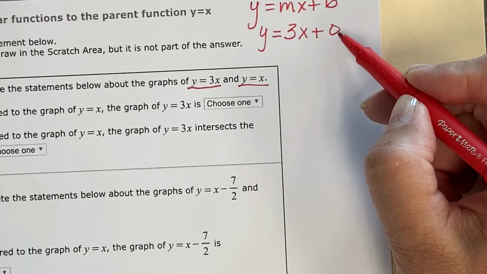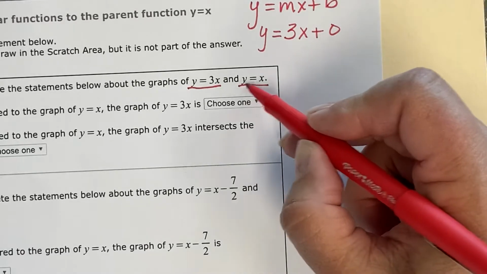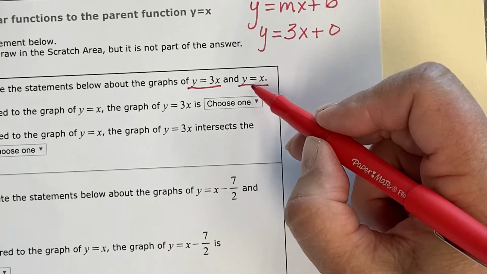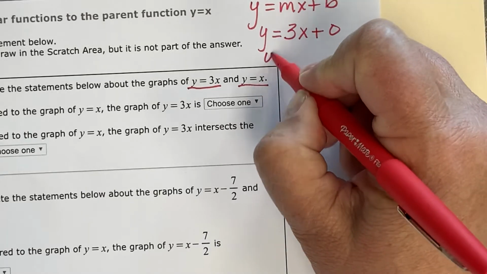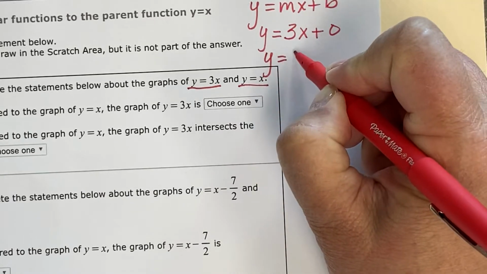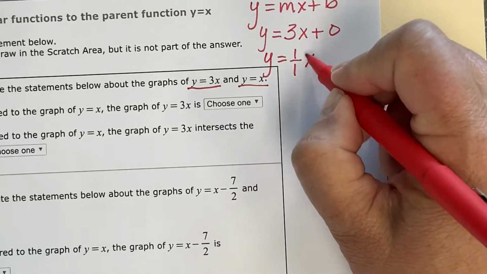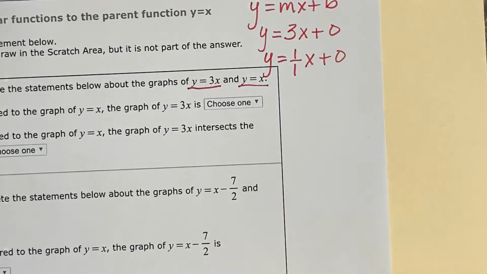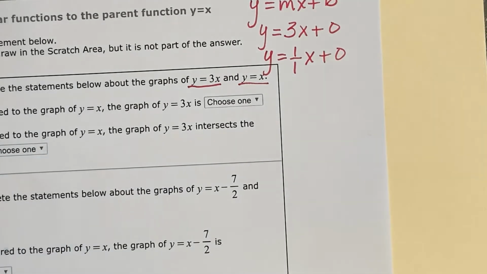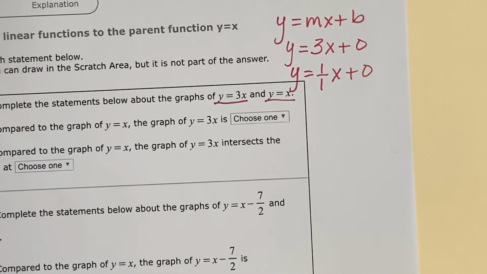It's crossing the y at 0. And this one right here, even though they've just written y equals x, it's really y equals up 1 over 1 x plus 0. If you were graphing it, that's how you do it. So remember, they're going to leave out the stuff that doesn't change it mathematically.